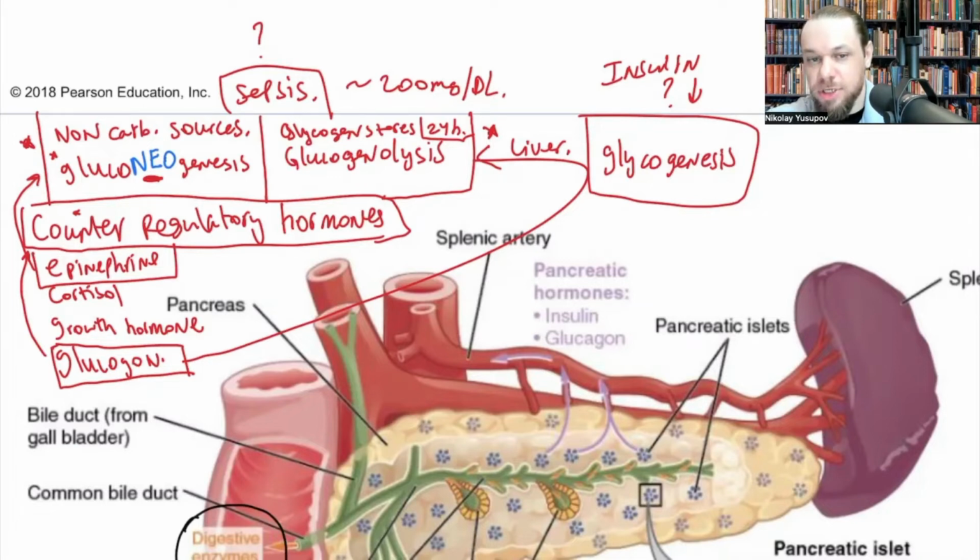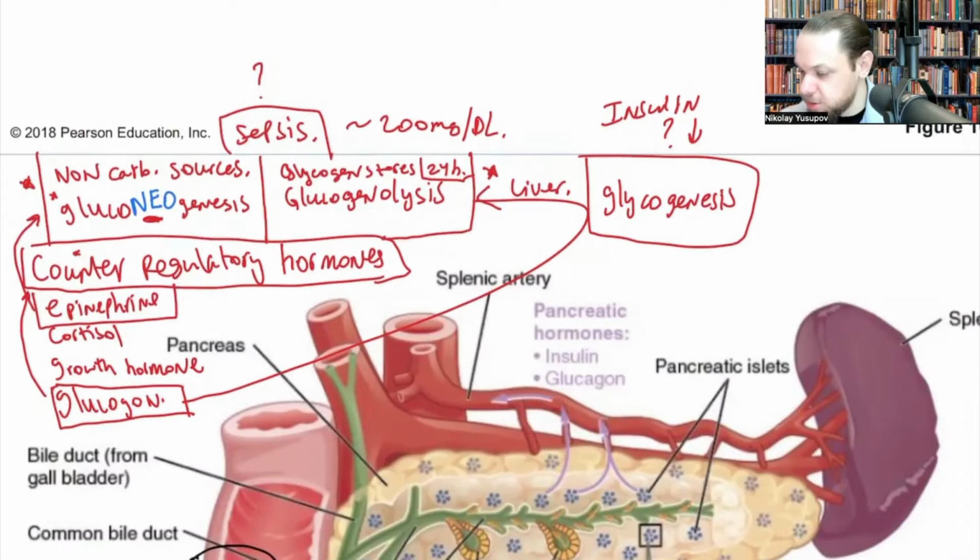And it's doing so basically twofold, right? These counter-regulatory hormones are released, and the underperfused body is trying to basically push glucose into the cells. Why? Because you need glucose as a substrate, right?